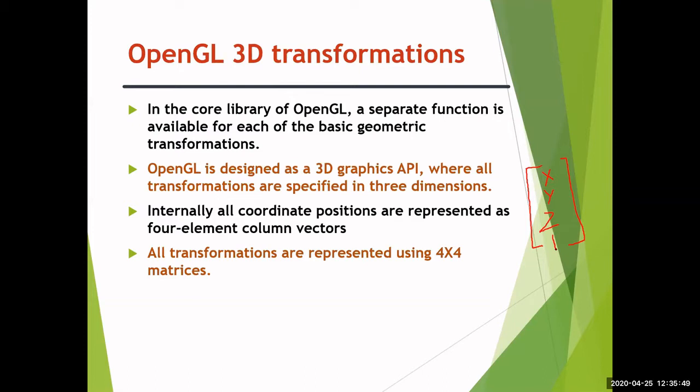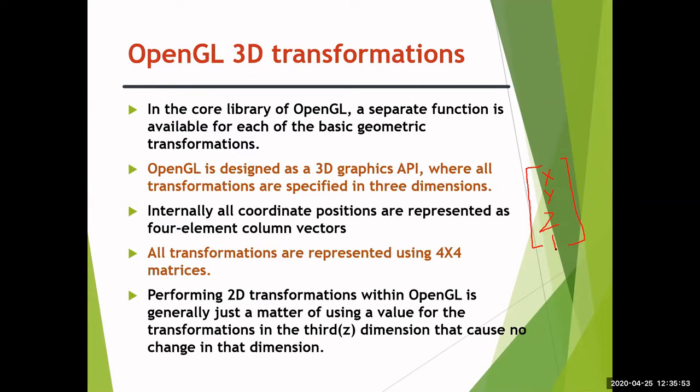In the OpenGL package implementation, we have 4x4 matrices. Performing a 2D transformation within OpenGL is generally just a matter of using a value for the transformation in the Z dimension that causes no change in that dimension.